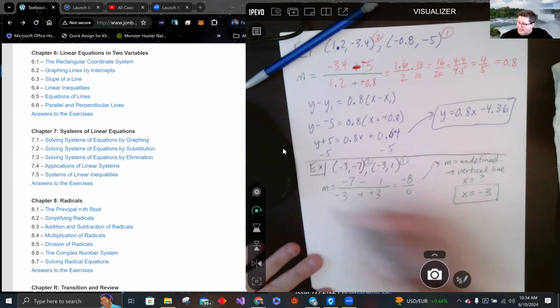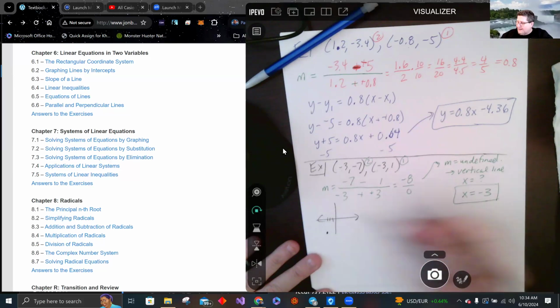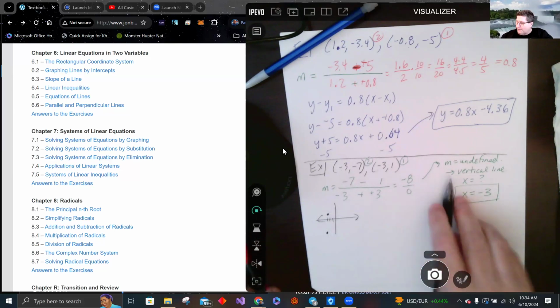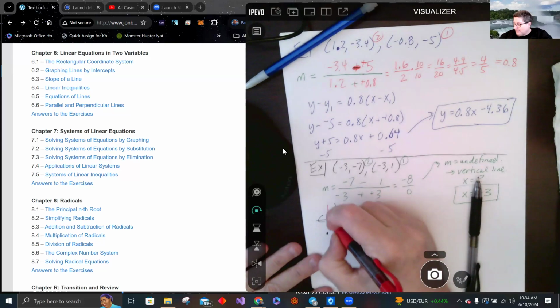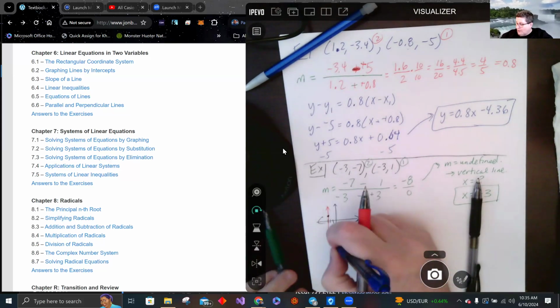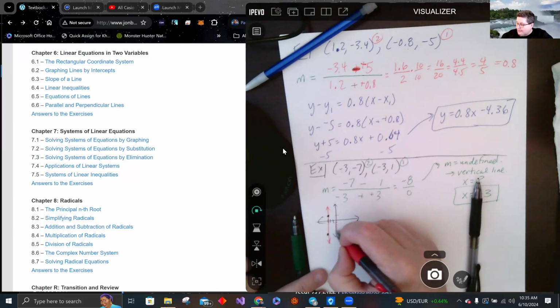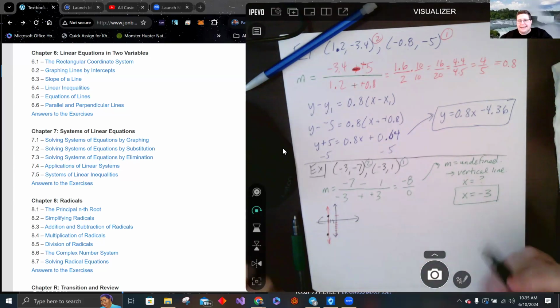If you graphed it to take a look at it, you got -3, -7 down there, -3, 1 up there. It's a vertical line. That was me quickly racing through some points to just do a quick sketch.